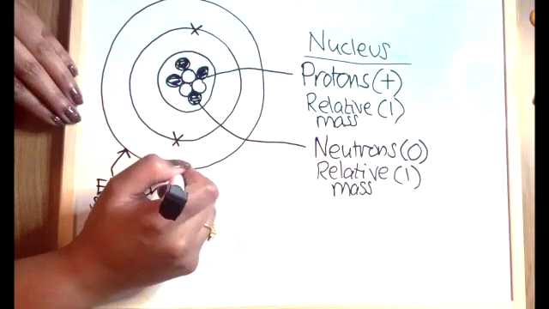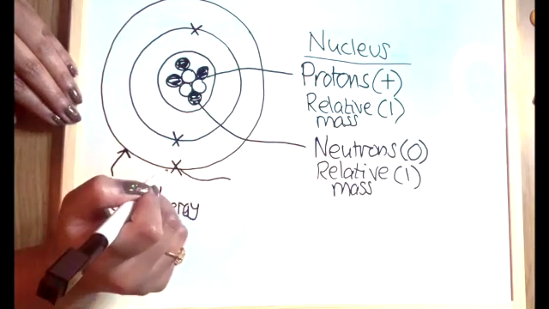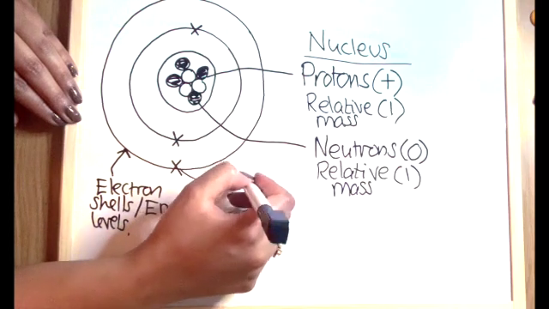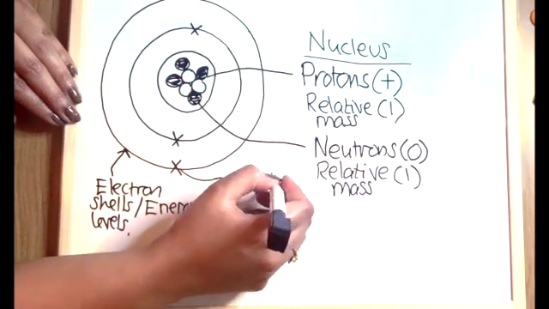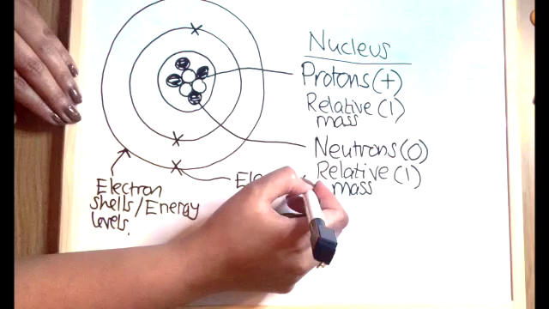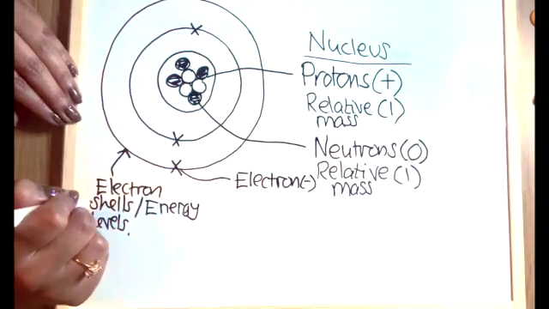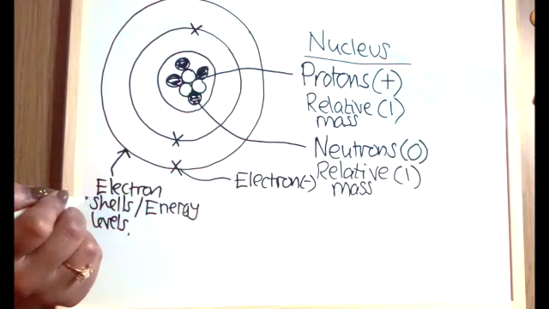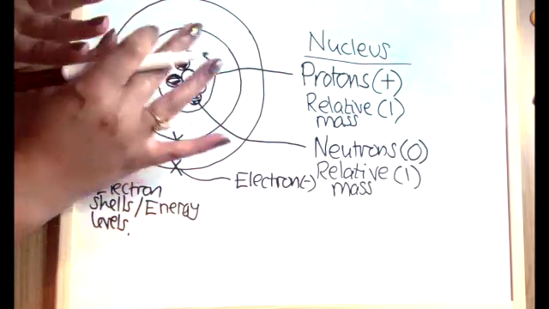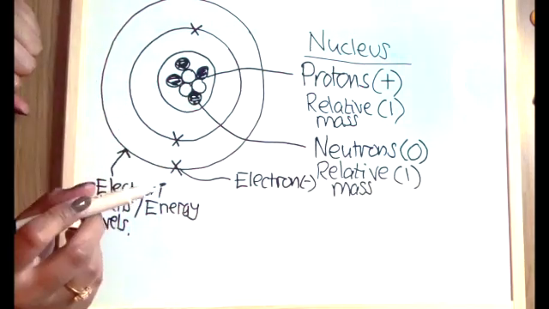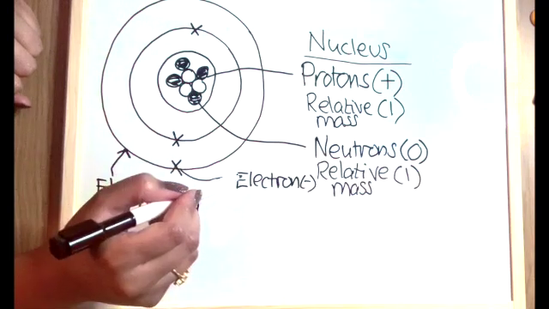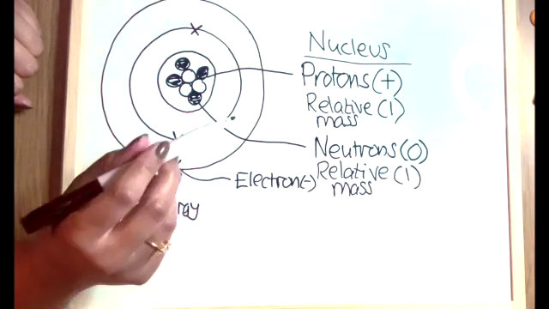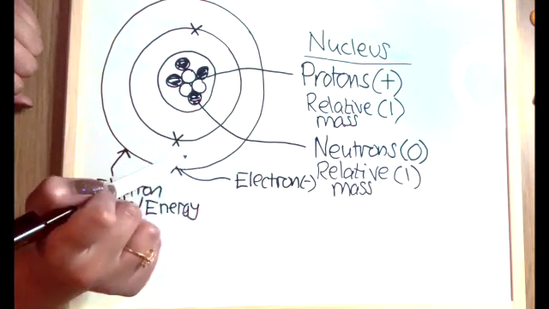Now, the electrons have a negative charge. So I'm going to put minus there. So electrons have a negative charge. This isn't drawn to scale, but in comparison, the electrons are tiny compared to the protons and the neutrons.